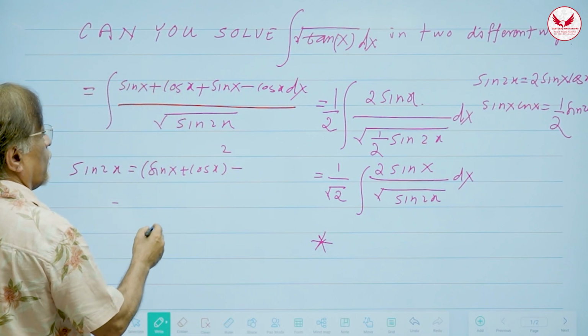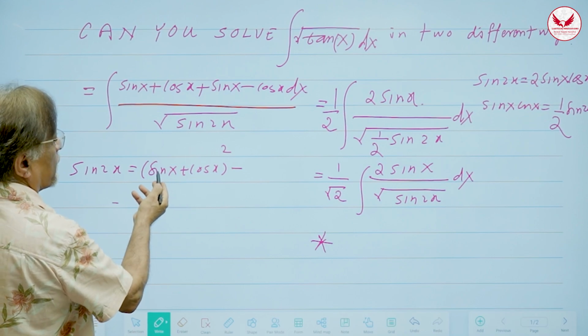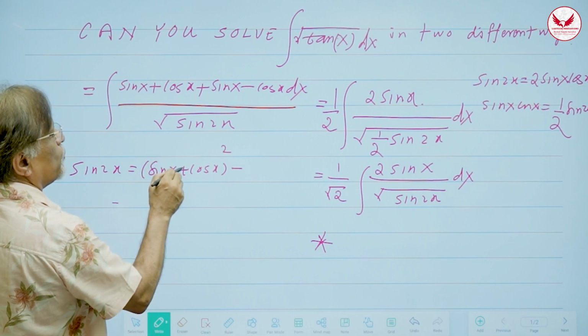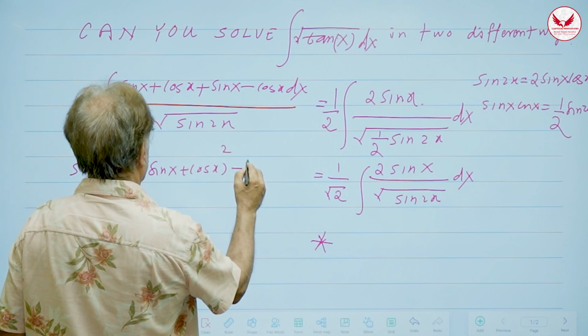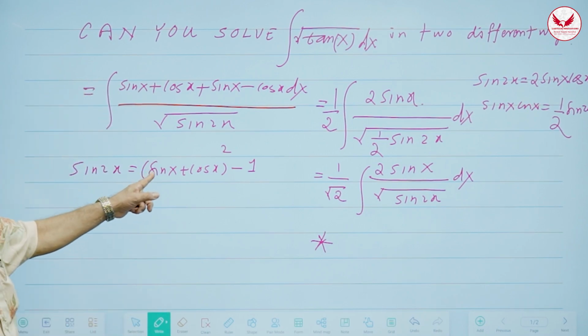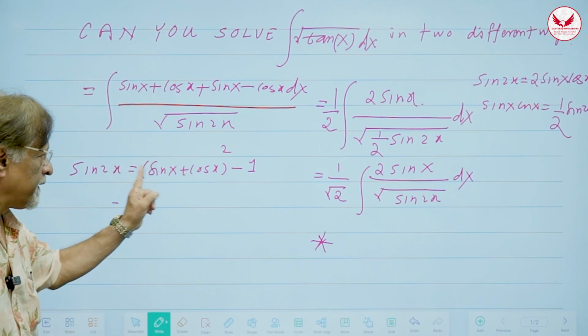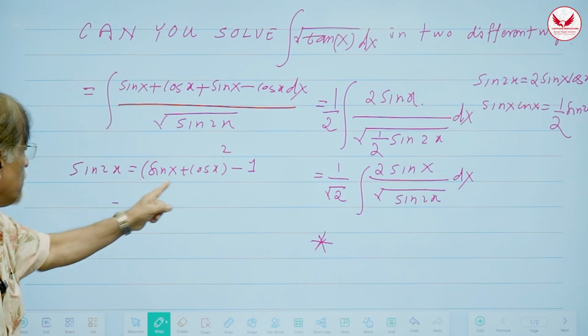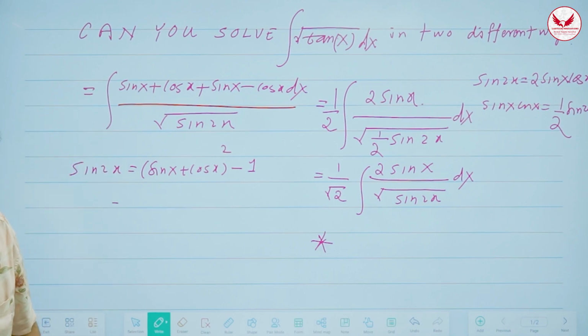So sin 2x is what? If you expand this, what will happen? Sin square x plus cos square x, which is 1, plus 2 sin x cos x, right? So therefore, minus 1. So sin square x plus cos square x, which is 1, will get cancelled. What will be left is the middle term, which is 2 sin x cos x, but 2 sin x cos x is sin 2x. Okay?